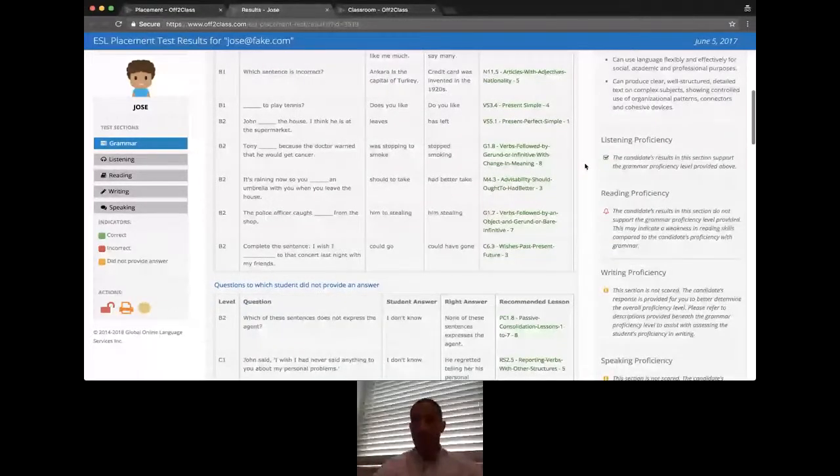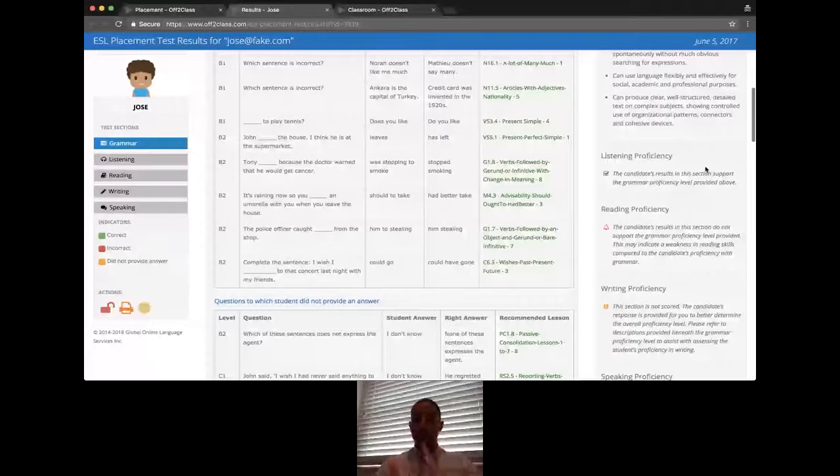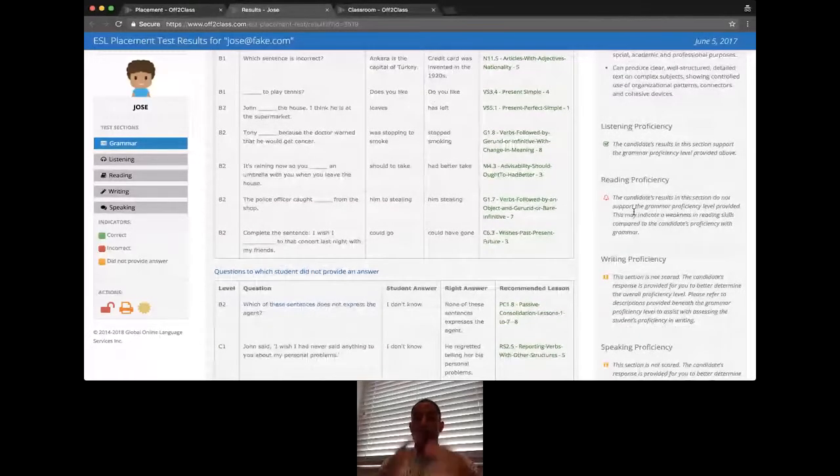So the listening portion and the reading portion are comprehension-based, where the student answers a number of multiple choice questions for the listening based on an audio excerpt and for the reading based on a text.